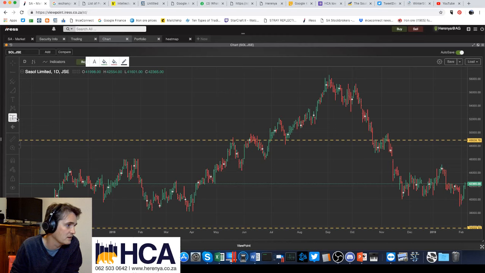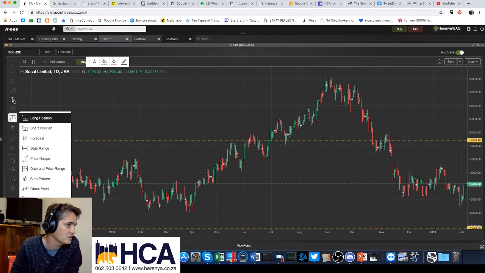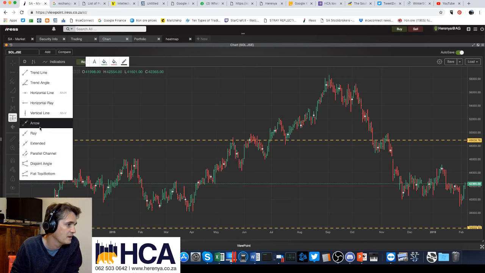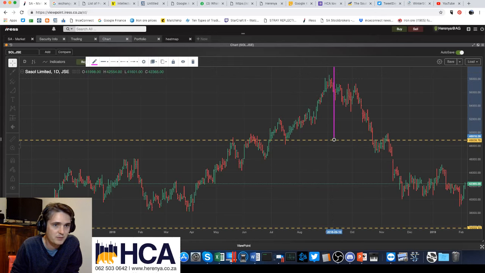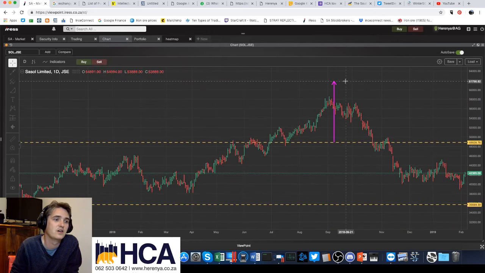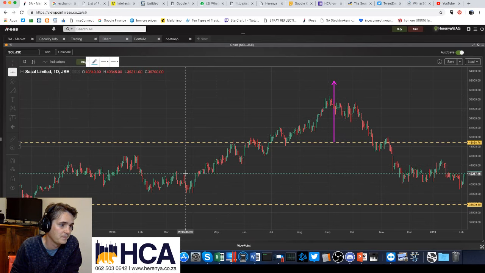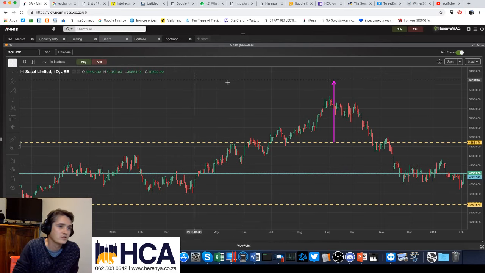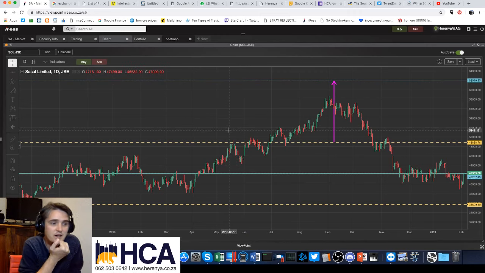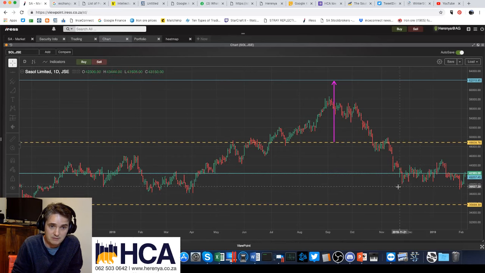Let's just use a normal line or an arrow. So we measure that with a sexy pink arrow, and we project that all the way out the top, and that would be our projected target on this range trade, right? With a stop loss in the middle of the range. So that is a nice 2-to-1 risk reward ratio kind of trade. But in this particular case on Sasol, it didn't work, and you'd have been stopped out, right?